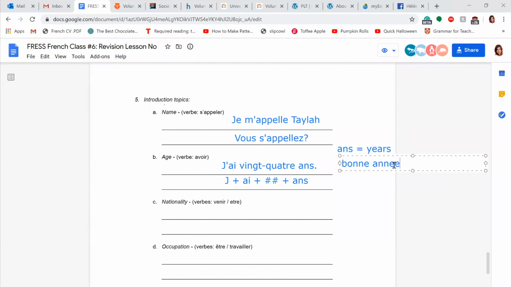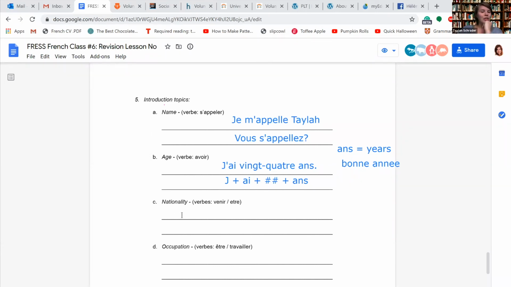So année is also a way of writing year in the feminine singular, and then an is just plural. So that's why they write it that way. So j'ai 24 ans. It's a bit easier than the un et un, but once you get past the ones, which are a little bit different, they start sounding a bit more normal.